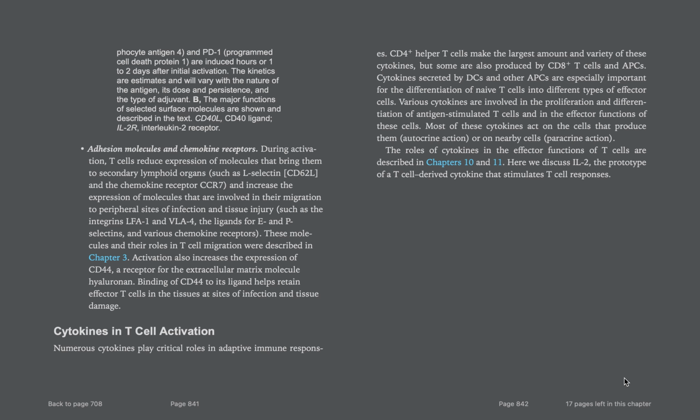These molecules and their roles in T cell migration were described in chapter 3.